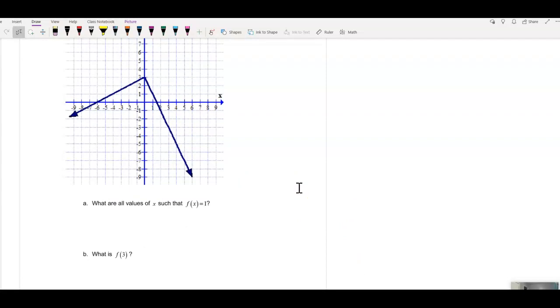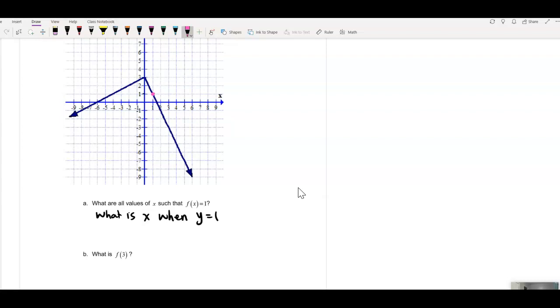All right, so when I'm saying on part A, what are all values of x such that f of x is 1? Well, really here it's saying, what is x when y equals 1? Remember, f of x is the same thing as y. Well, here's 1, right? And so I see that I have two different, let me do different colors so you can see it better.